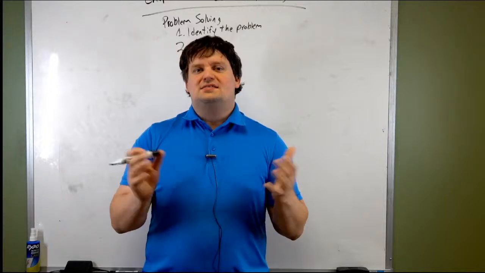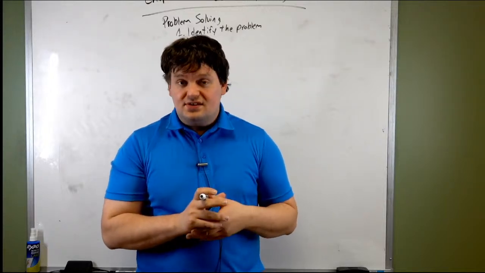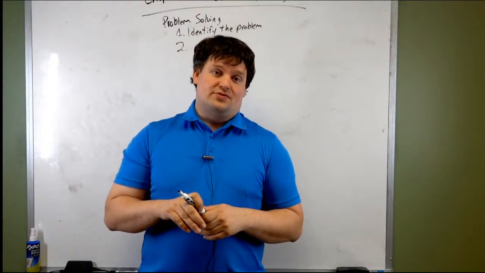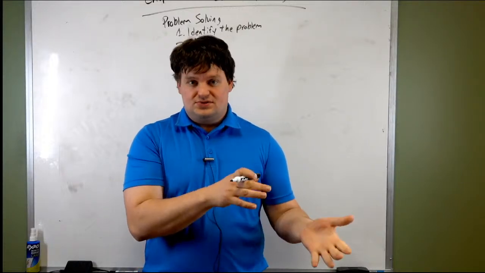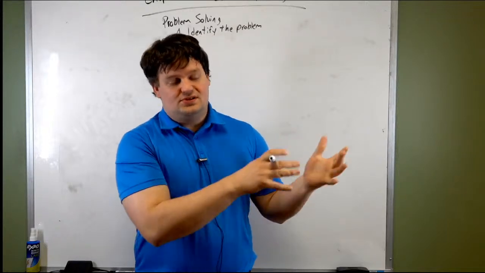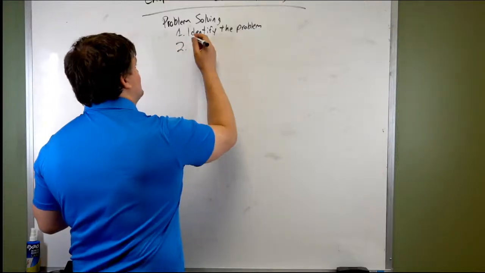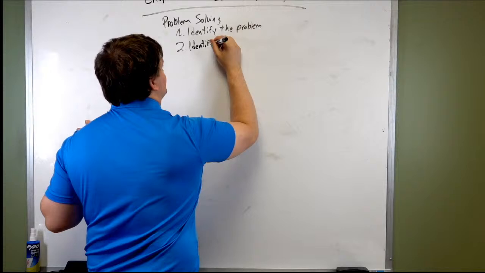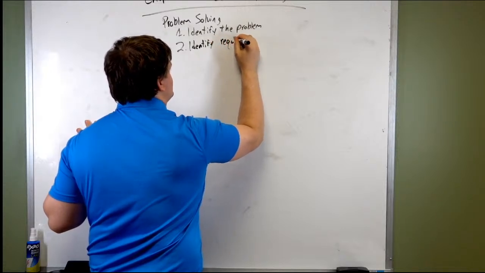So let's say you have this instance that occurs. Your problem solving process is, well, I need to reinforce this board. I need to do something to support it so that the board is no longer weak. And then you look at your options. So the second step is identify requirements of solution.